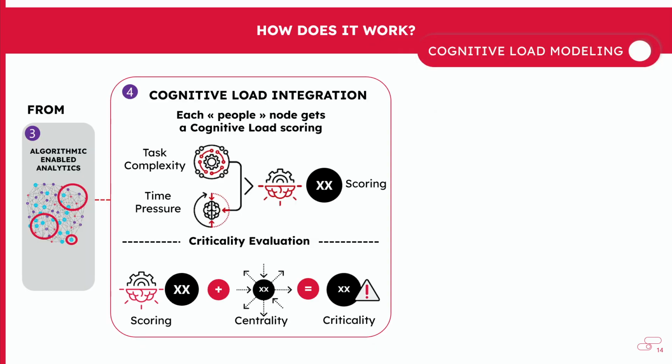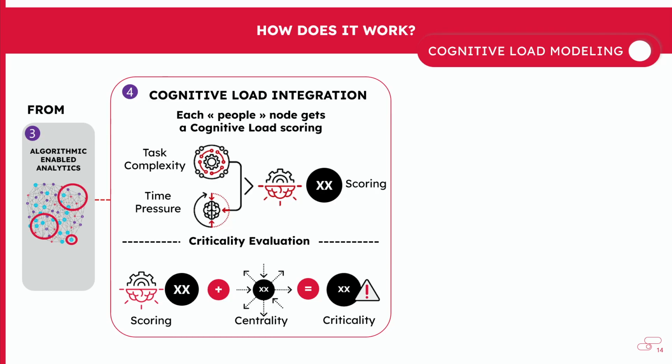Once we have this implementation of the algorithms, the dimension related to the human system is based on our modeling of the cognitive load. This cognitive load is very important for us because we're going to try to represent and integrate how this human factor could be integrated into the modeling of the whole information system. We consider the task complexity and the time pressure in a linear way, resulting in a score.